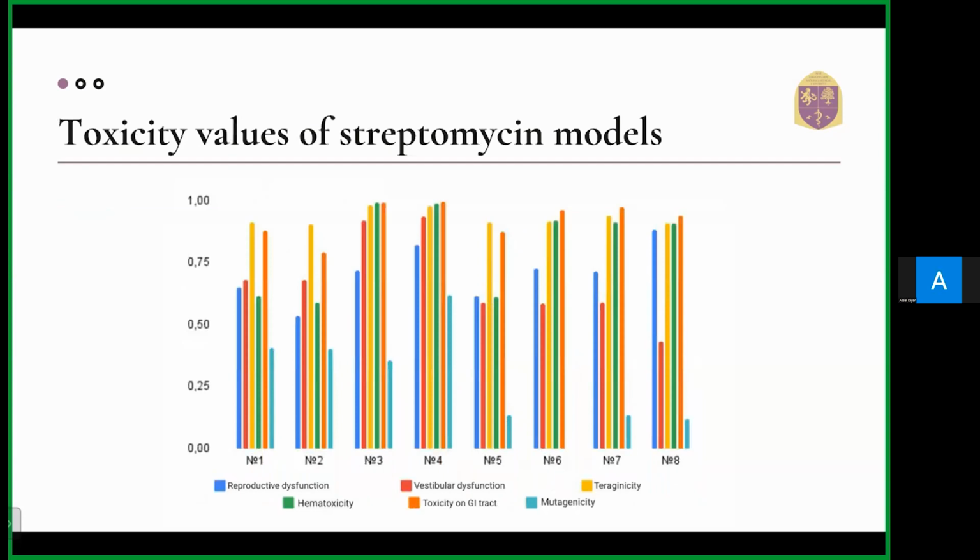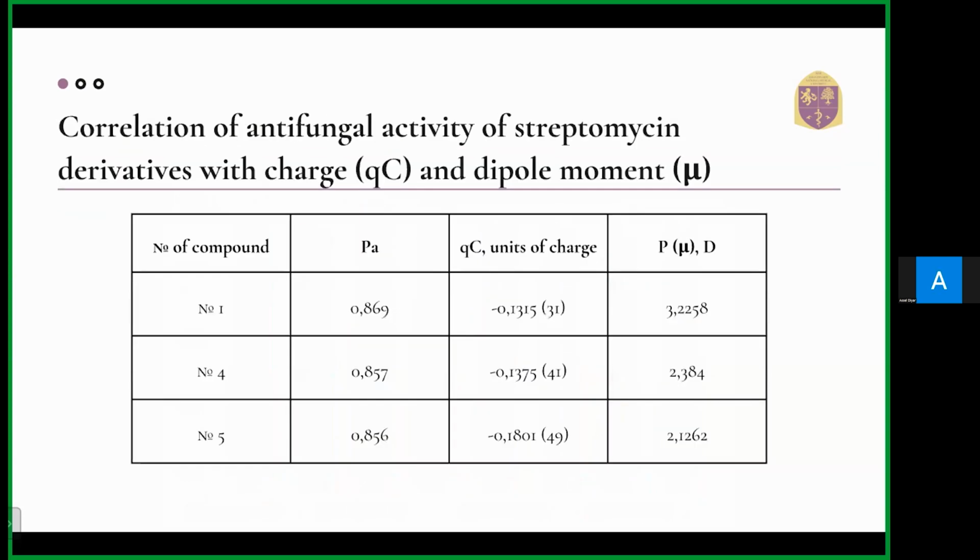The next, there are some patterns that I would like to share with you. The streptomycin models have strong antifungal activity, and compounds number 1, 4, and 5 show this activity, and this activity increases with the charge and the dipole moment values.